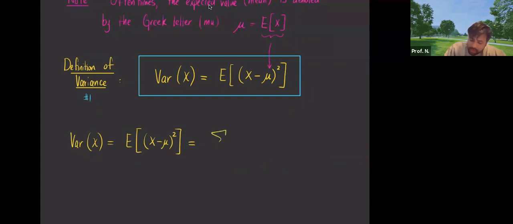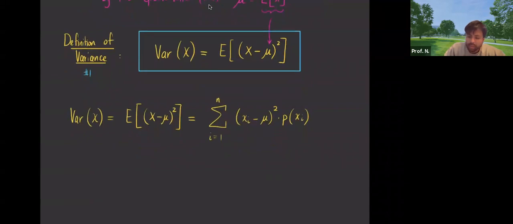Well, I know that this is the summation of (x sub i minus mu) squared times the probability of x sub i, as i goes from 1 through n, and n can go to infinity. This is the definition of the mean, the expected value.